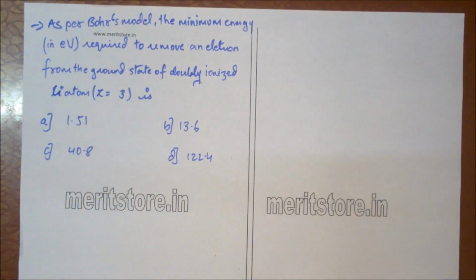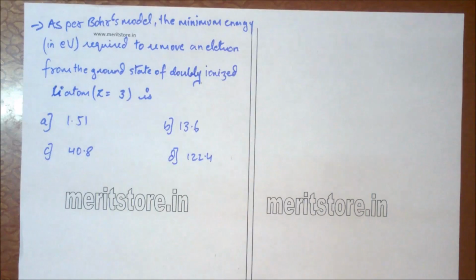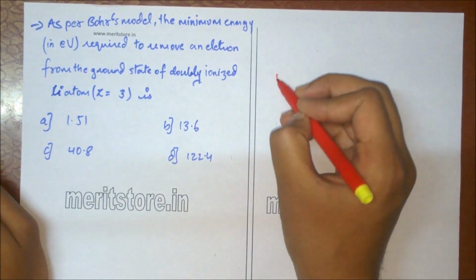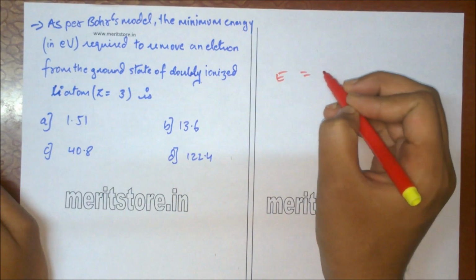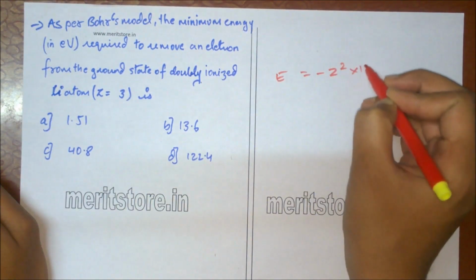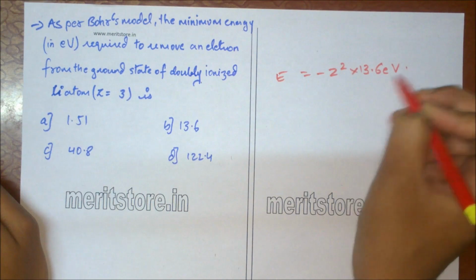As per Bohr's model, the minimum energy in eV required to move an electron from ground state of doubly ionized lithium atom, that is Z equal to 3, is, we know that energy is equal to minus Z square into 13.6 eV.